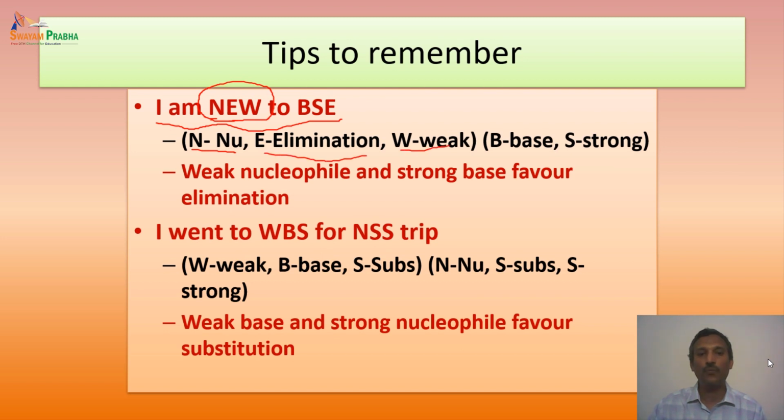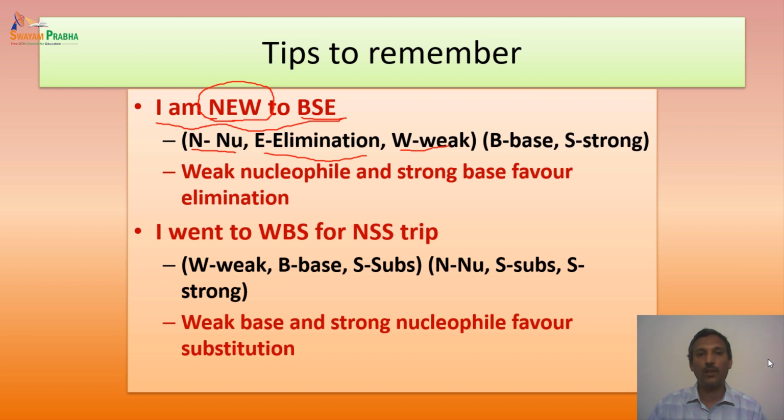So when we have a weak nucleophile, it favors elimination reaction. When the base is strong, B for base, S for strong, that favors elimination reaction. So put together, we can say a weak nucleophile or a strong base favors elimination reaction.